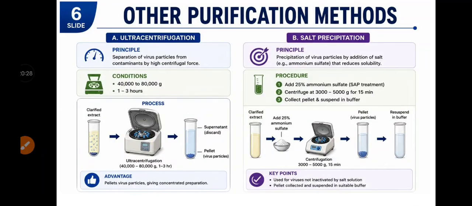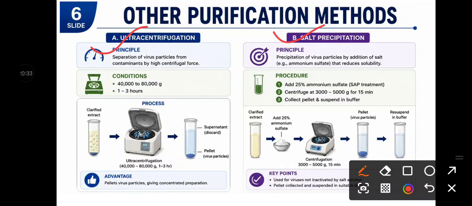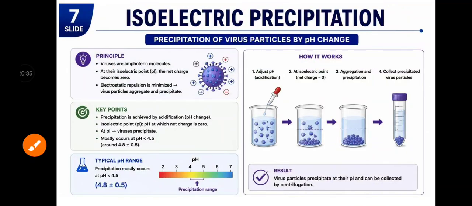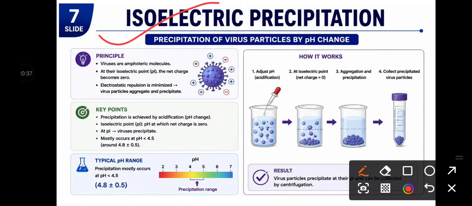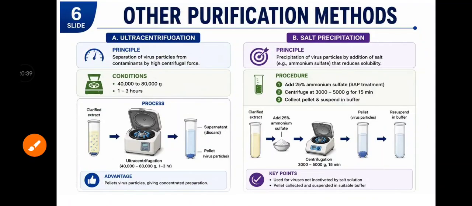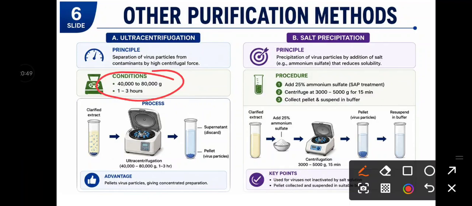Next, the other purification methods are ultracentrifugation, then salt precipitation method, and the last one is isoelectric precipitation. In ultracentrifugation, the principle is that the virus is subjected to high speed centrifugal force, that is 40 to 80,000 for 1 to 3 hours. Whereas in salt precipitation, salt is used.